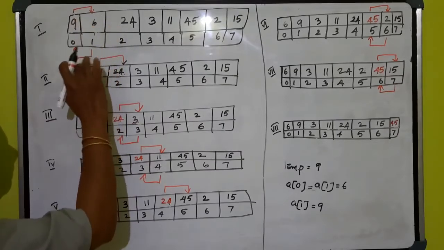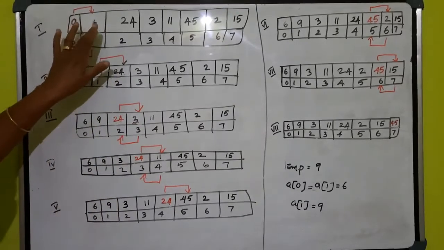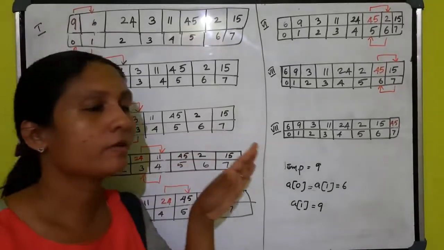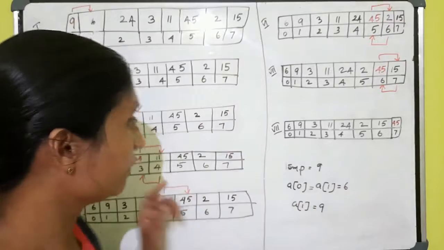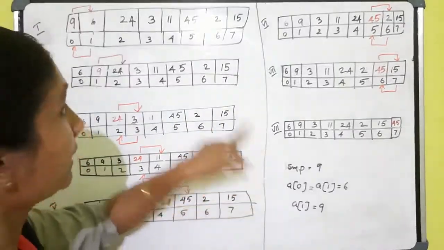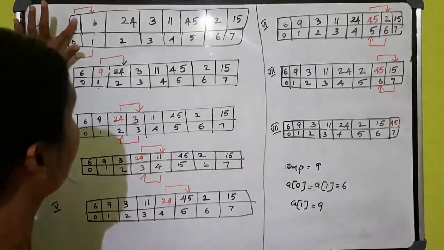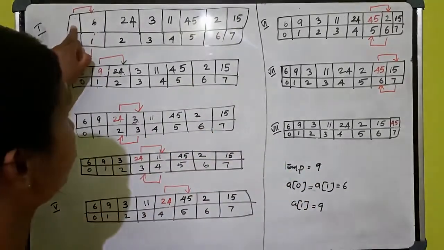Then we need to interchange the 6 with 9 this way. Okay, the interchanging symbol is this one. When you write this 6 to the 9's place, this 9 will be removed from there. Because of that, first we will store this 9 in one temporary storage area. Then you will get a blank space here.